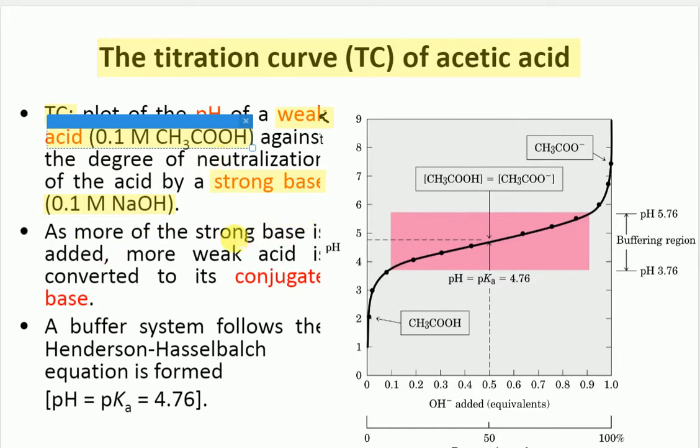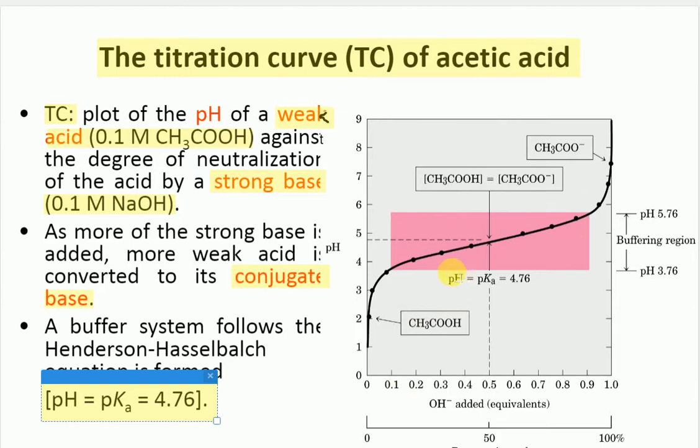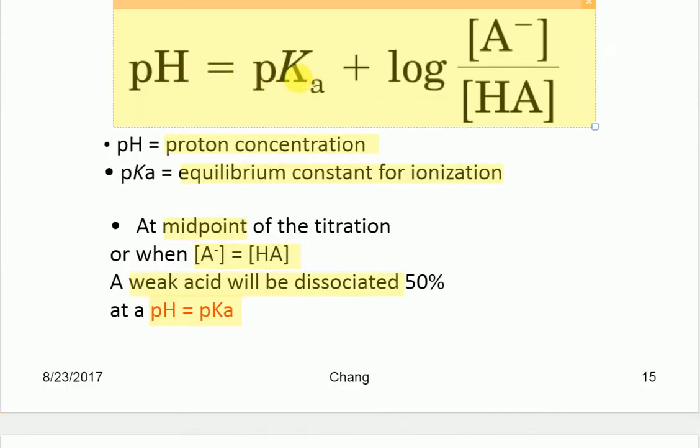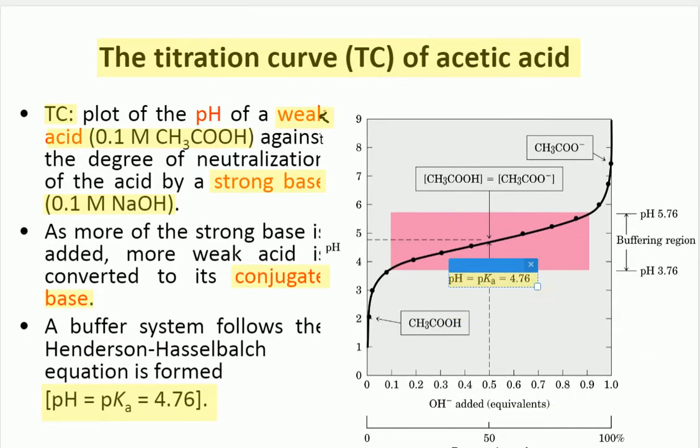As more of the strong base is added, more weak acid is converted to its conjugate base. A buffer system that follows the Henderson-Hasselbalch equation is formed. So there is our Henderson-Hasselbalch equation. pH is equal to pKa for a weak acid. This is the buffering region.